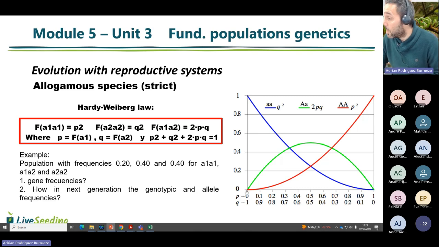And in another situation where the frequency of the allele A1 may be higher and the frequency of the allele Q or allele 2 is lower, for instance, an intermediate situation, a population where both are 0.5, so half of the alleles present in the population are 1 and half of the alleles of the population are 2. Then what happens?